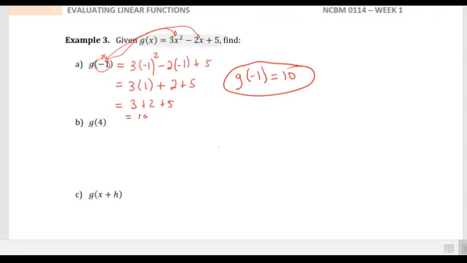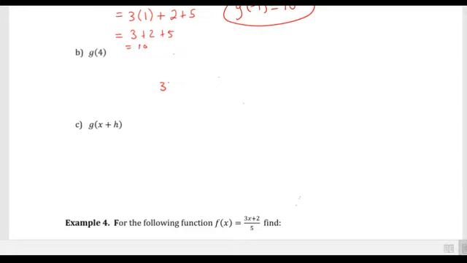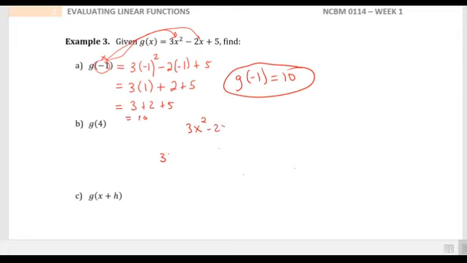Let's go to the next one. So I'm going to write down the formula. So we have 3x squared minus 2x plus 5 is equal to g of x. So we want to find g of 4. So anywhere we see an x, we're going to substitute 4. So we have 4 times 4 is 16. 16 times 4 is 64.